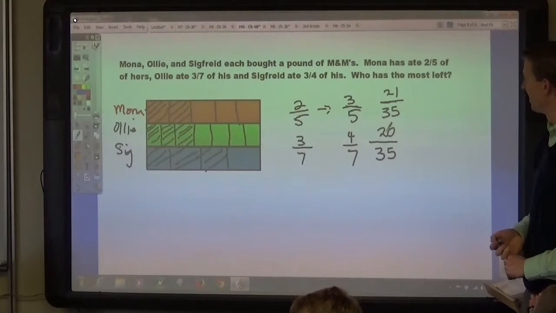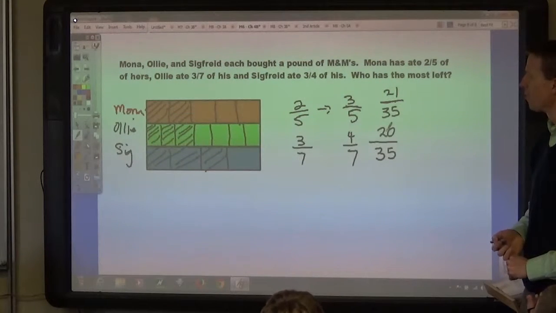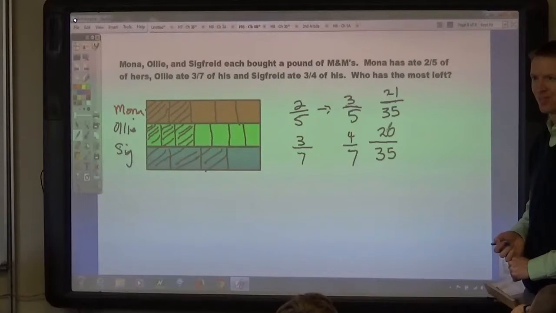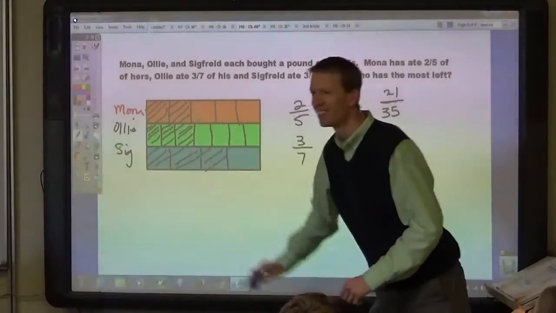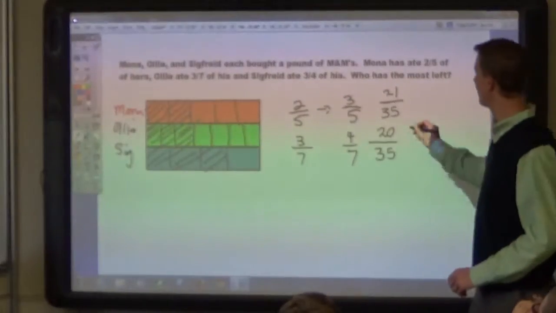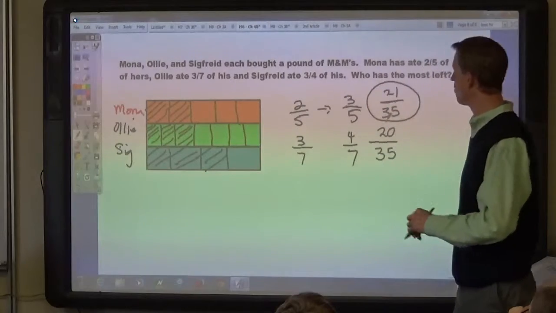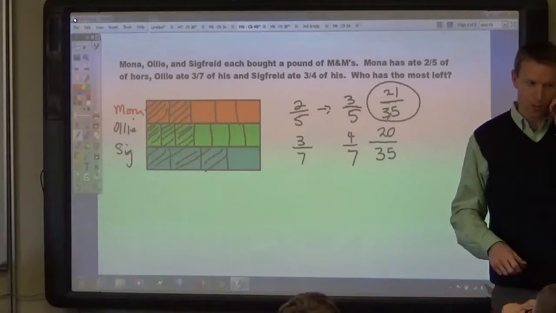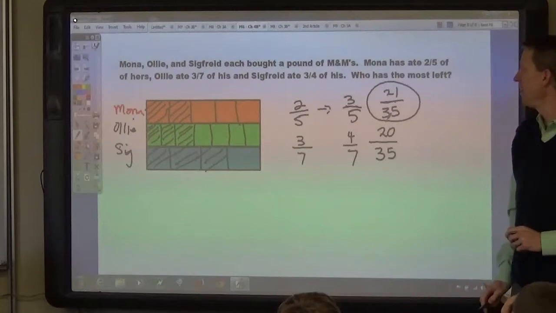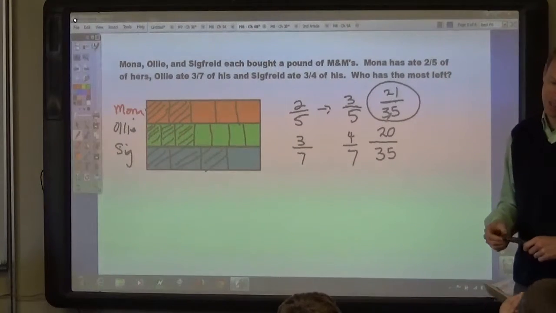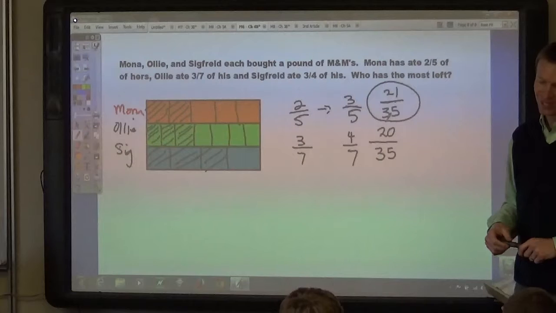Which one has more remaining? Mona. Yeah, just by a little bit. So Mona has 21/35 remaining, whereas Ollie only has 20/35 remaining, right?